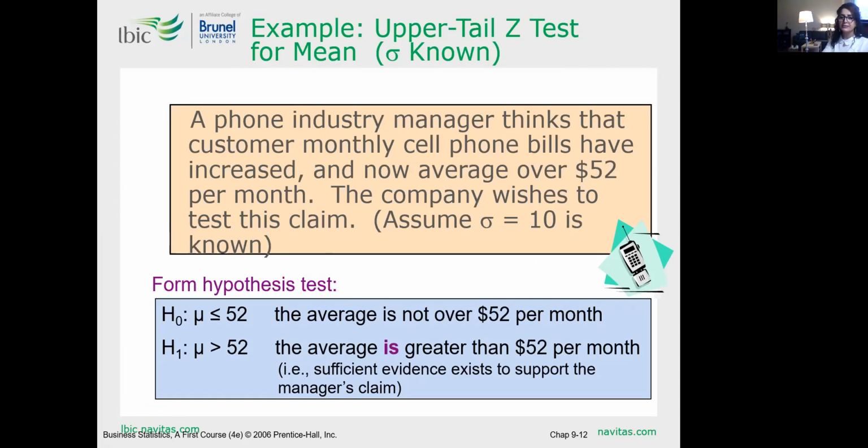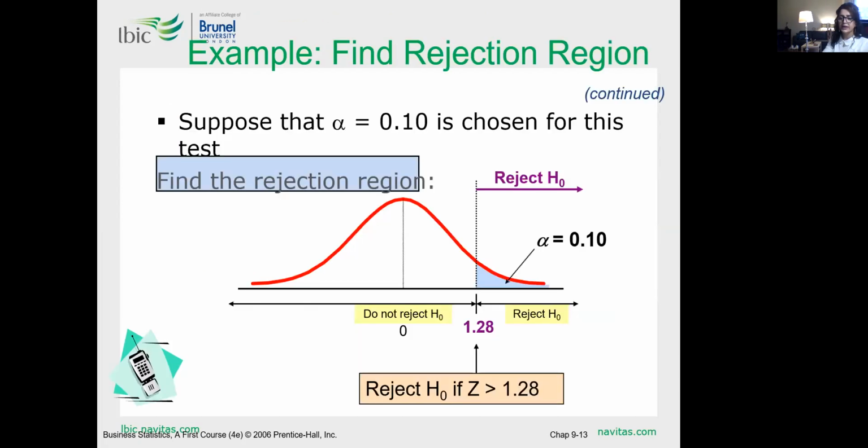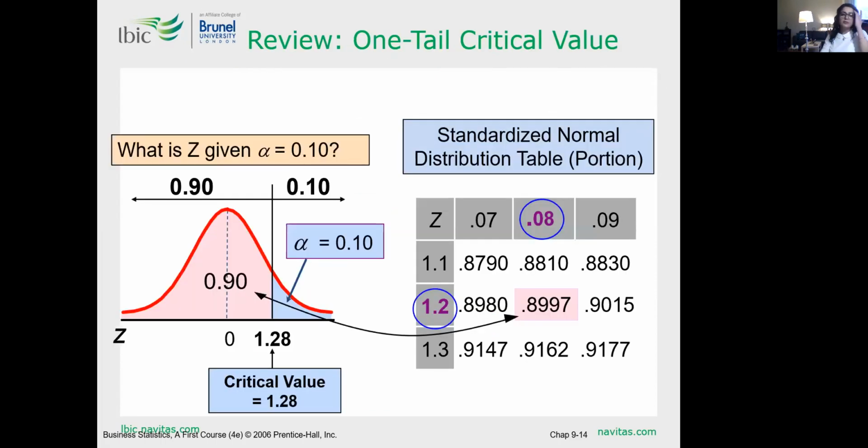We see that the average is covering 52. Then we say we are not able to reject the null hypothesis and we have to accept it.